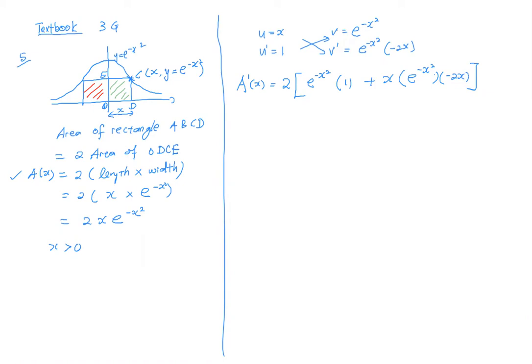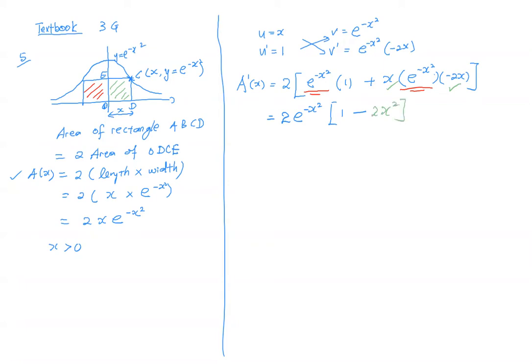Yes, miss. Okay, so I told you already, don't rush into expansion or whatsoever. Factorize first. Always remember this step, factorize. Take out the common thing. So you are left with 1 minus this multiplied by this, you get negative 2x squared.